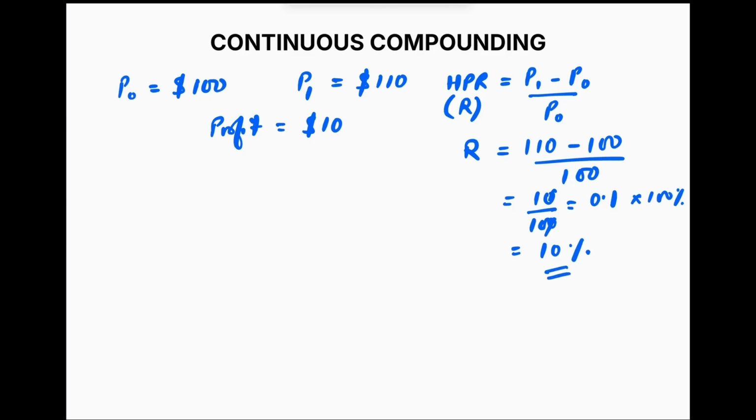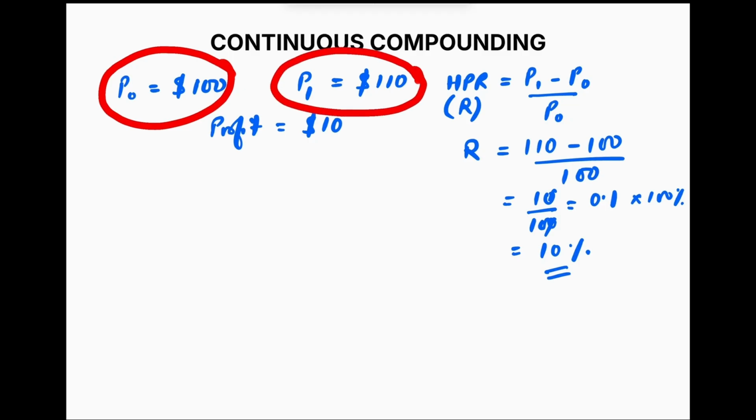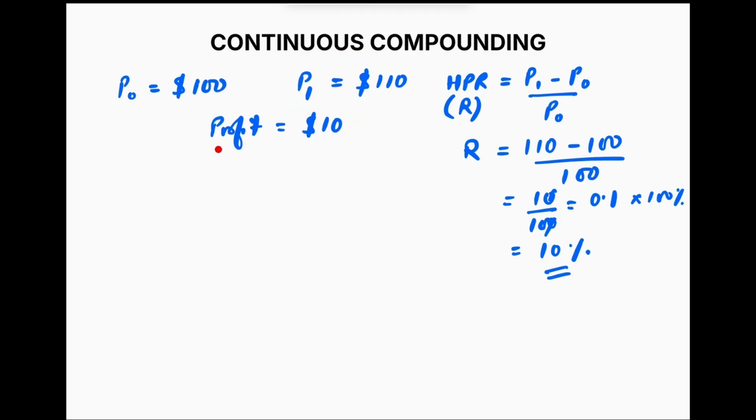So for holding your asset, which you have bought for $100, for 1 year, you get a return of 10%. This is basically what we normal people understand, right? When you hold an asset, and if the value of the asset appreciates, you get a profit, and this is how you calculate the return by holding that asset for a particular year.